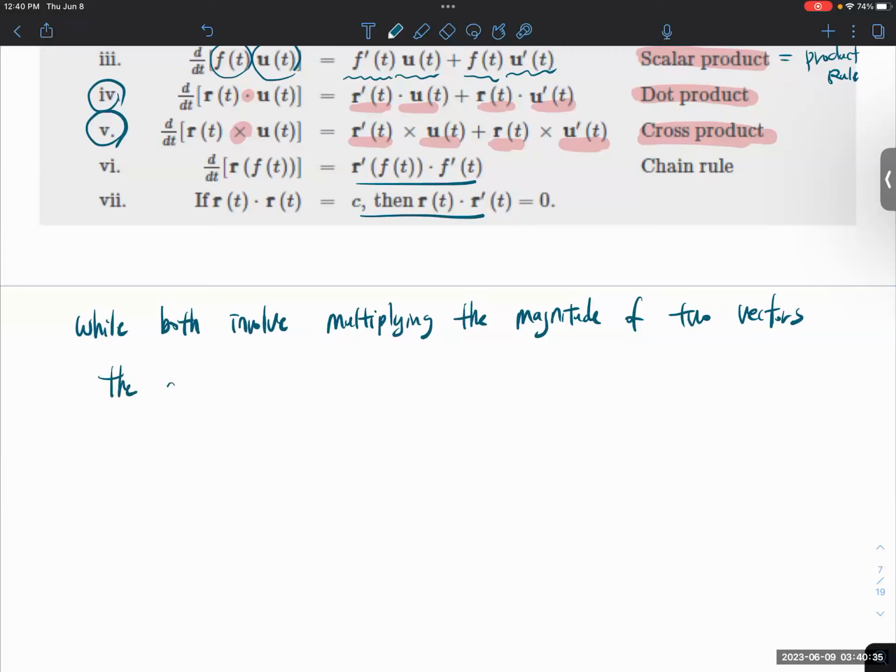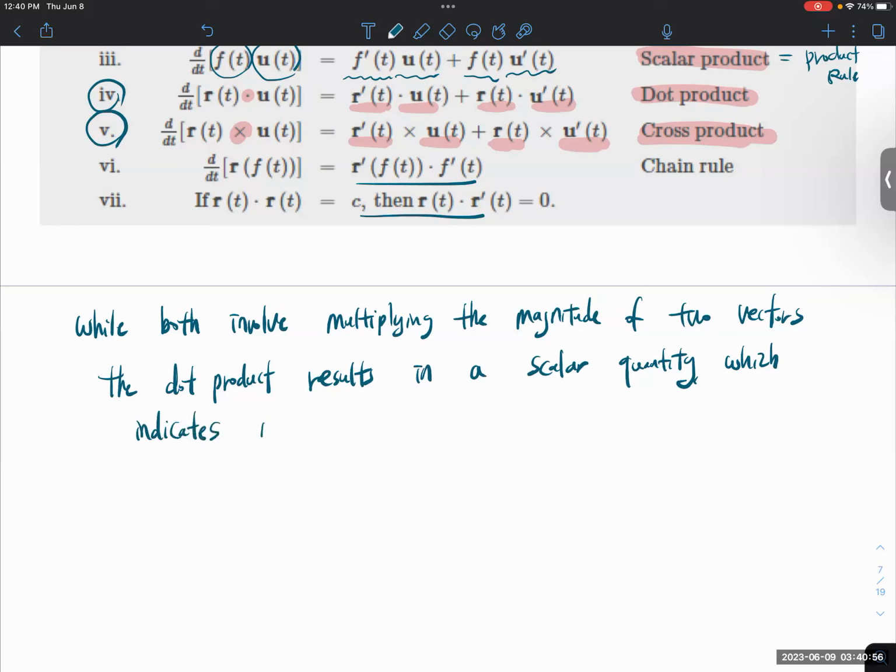The dot product, if you remember, results in a scalar quantity, which indicates magnitude but not direction.